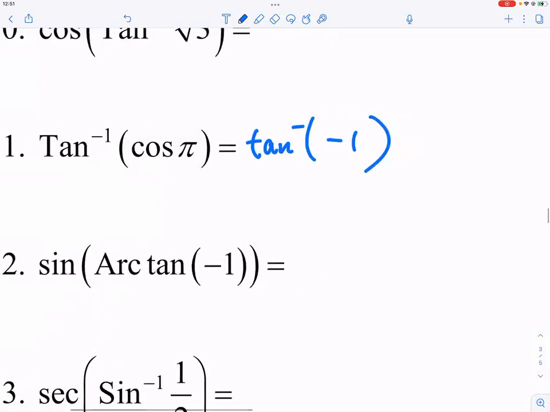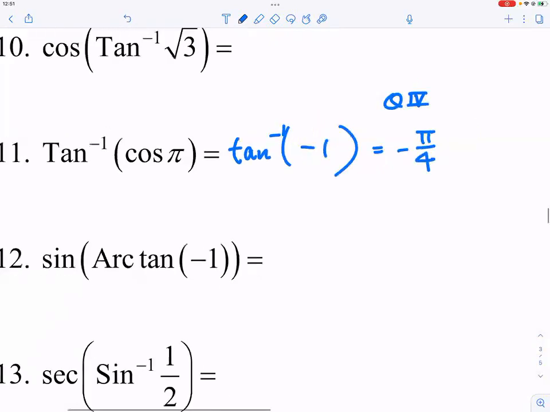So tangent of inverse tangent of -1 is tangent of what angle gives you a -1? Negative pi over 4. Again, you have to know this is an angle restricted to quadrant 4 with this -1 value.